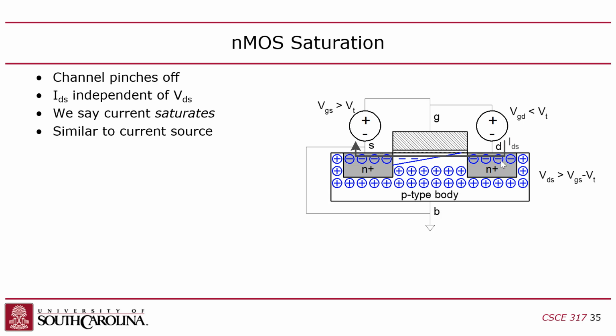Remember that the channel voltage is a gradient between the source and drain. If the source and drain are basically the same voltage, then the channel voltage will be the same. But if you start widening the voltage range between the source and drain, then the gate channel starts to close the gap between the gate and the channel towards the side that's at the higher voltage. So it creates this pinch-off effect.